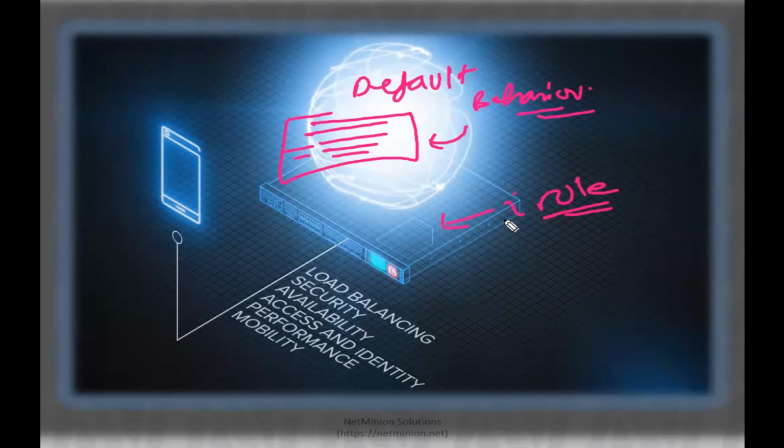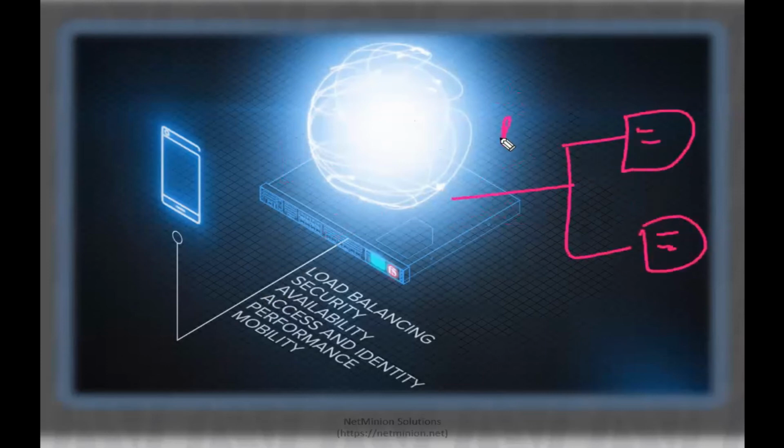So we can use iRules, and using iRules we can make a script, and on the basis of this script, every user can have a different behavior. Let me give you a very simple example. F5's default behavior is that there is something named a pool, and a single virtual server can have a single pool.